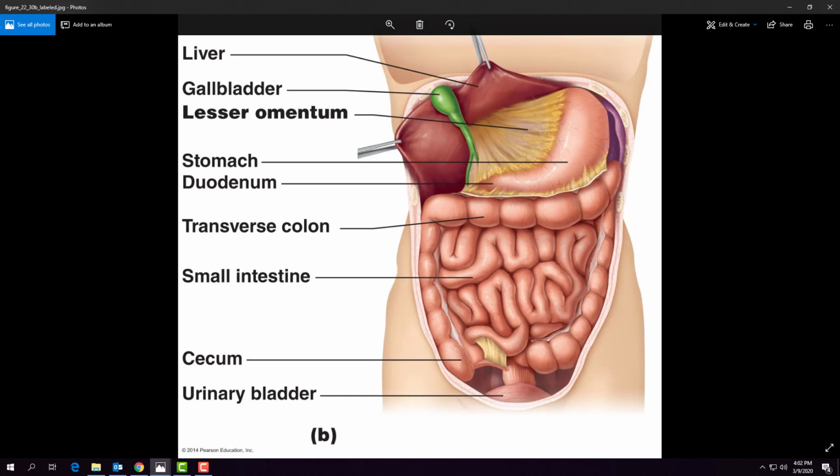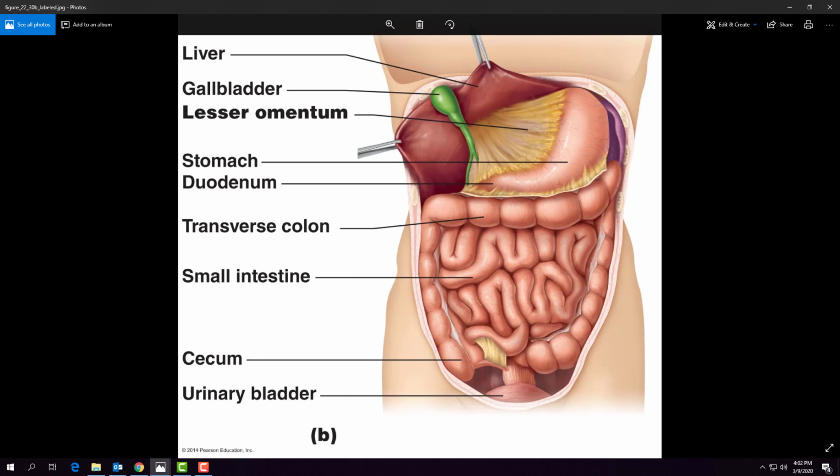There's a valve or a sphincter that will regulate the passage of food from the ileum into the cecum called the ileocecal valve. So it'll be like the pyloric sphincter and the gastroesophageal sphincter, but it's right here between the ileum and the cecum.